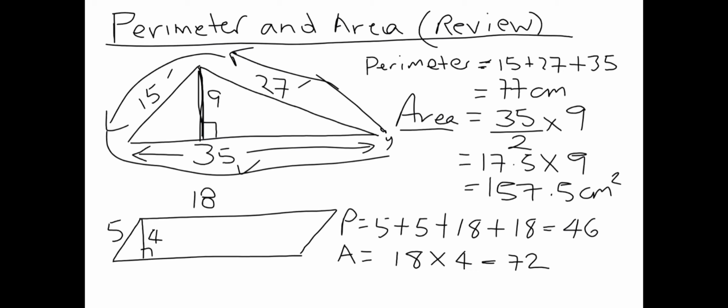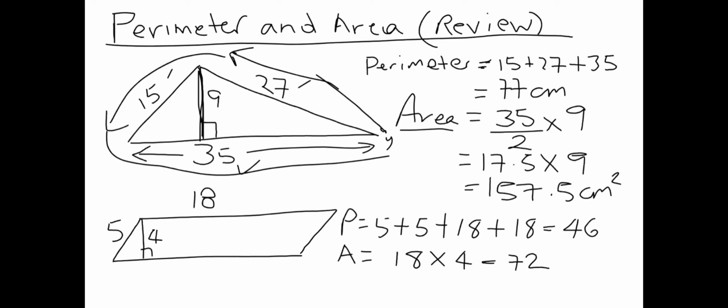For the parallelogram in this case, we didn't have to write 5 twice because this side is equal to this side, and this side is equal to that side. So it's the same procedure, walking around the block all the way around until we get back to the starting point, and then we add all the lengths.